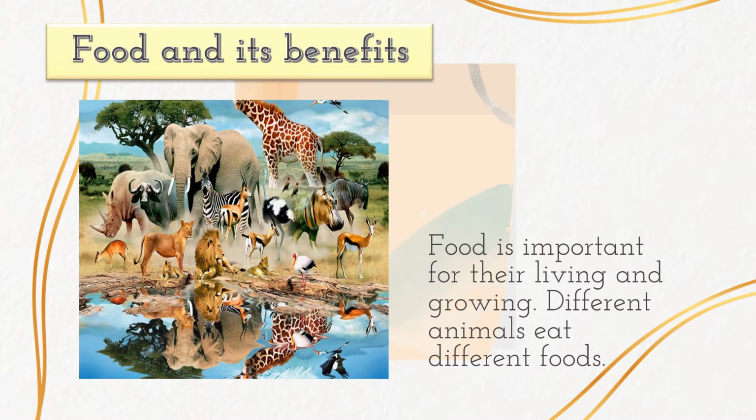Also, animals' food is important for their living and growing. Different animals eat different foods. Some animals eat other animals, some eat plants, and some eat both plants and animals. Without food, animals will die.